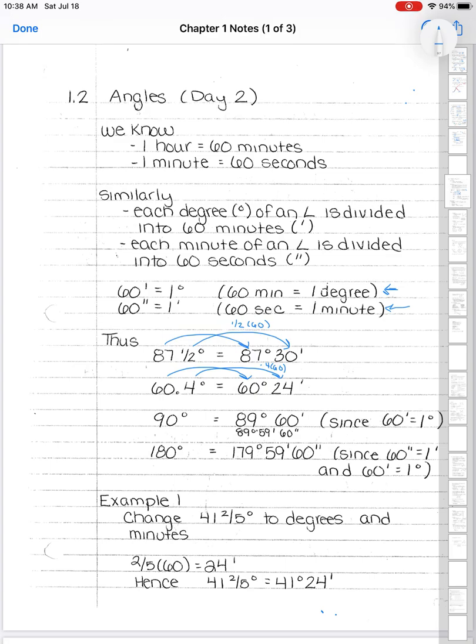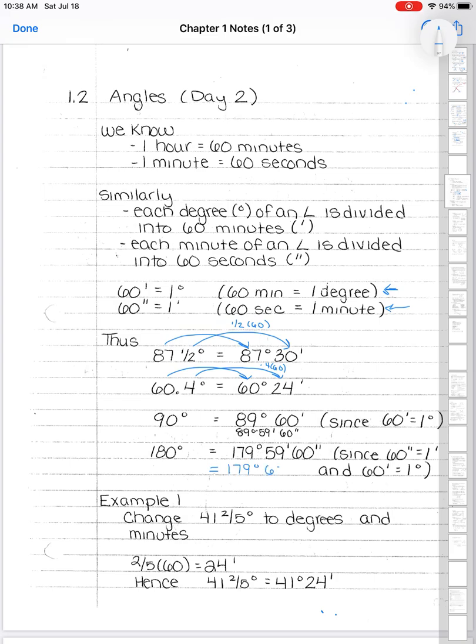If we extend that one step further to seconds, we have 89 degrees, 59 minutes, and 60 seconds. Well, we know that 60 seconds equals 1 minute, which bumps that to 60 minutes, and then 60 minutes equals 1 degree. So it would keep backing up, and then you would have 90 degrees to start with.